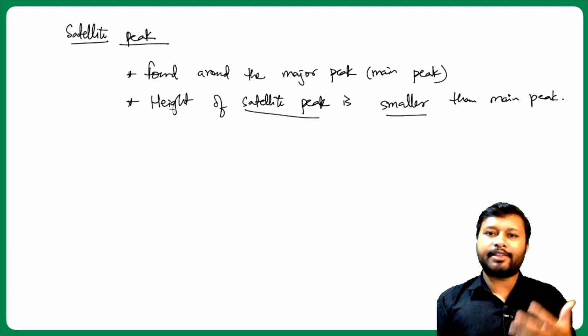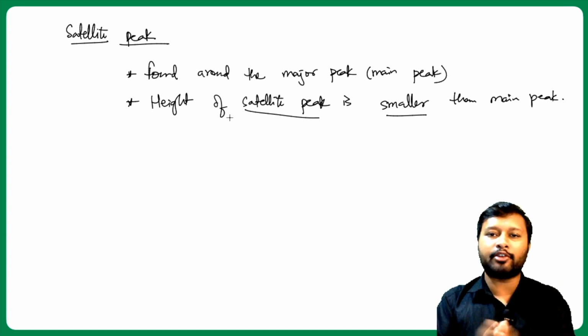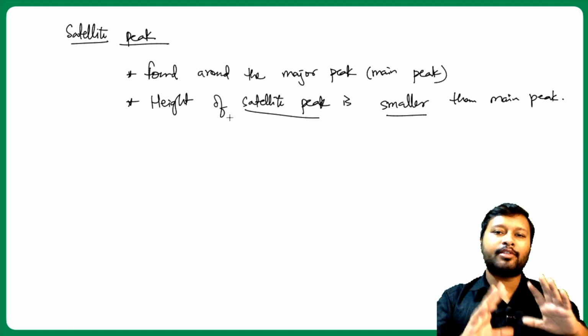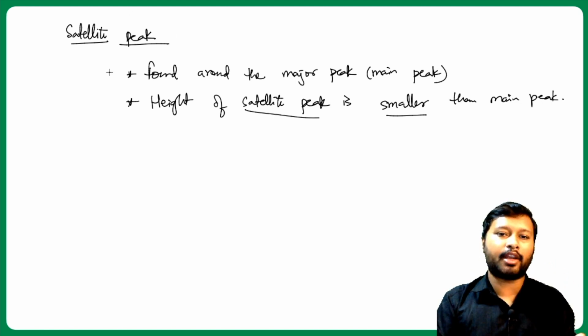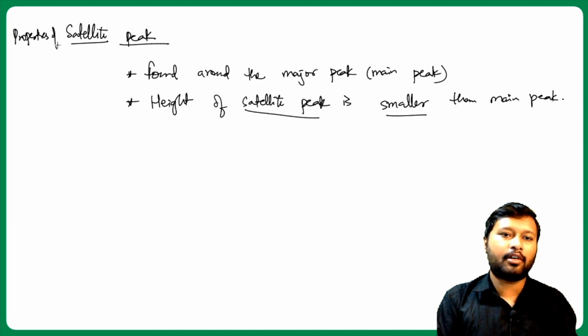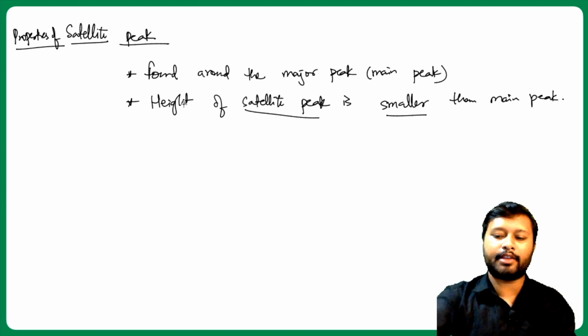As I said, height of the peak relates to the abundance, which I have already explained. So now we have understood the properties of satellite peaks: it will be found around the major peak and the height of the satellite peak will be smaller than the main peak.